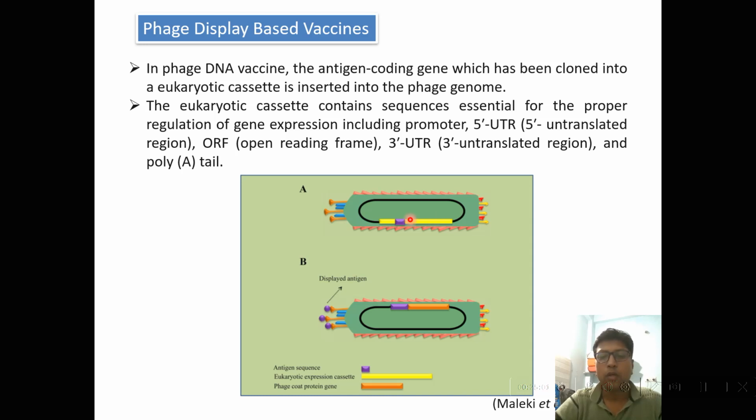Due to the strong promoter, there is strong expression of a particular peptide, and these peptides act as a vaccine candidate. The phages act as a carrier here, and carry the DNA of our gene of interest.